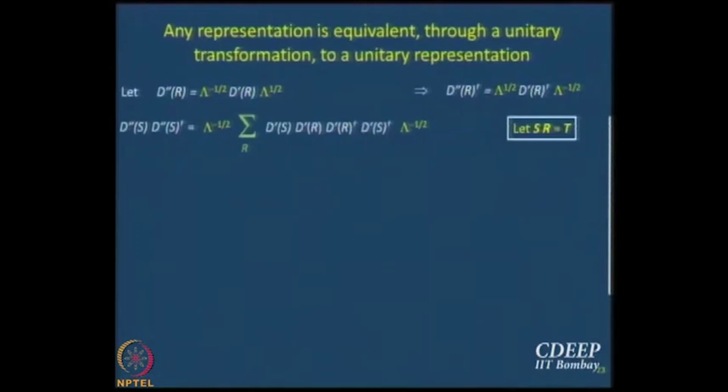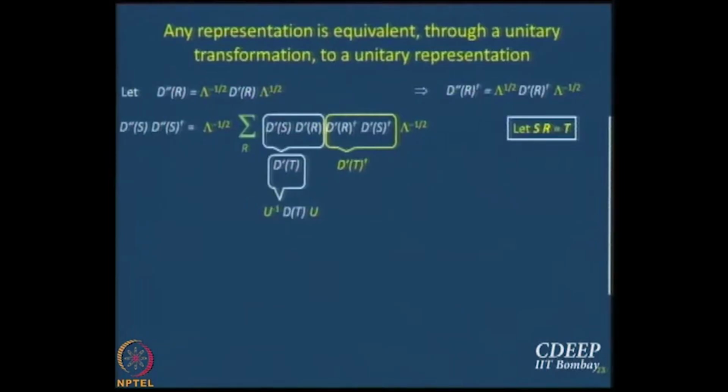S is a particular symmetry operation, R is a general notation. So, we can have different symmetry operations substituting for R. Let us say that SR equal to T. Is T a variable or a constant? T is a variable, because R is a variable. So if SR equal to T, then this is going to be d prime T and d prime T adjoint.